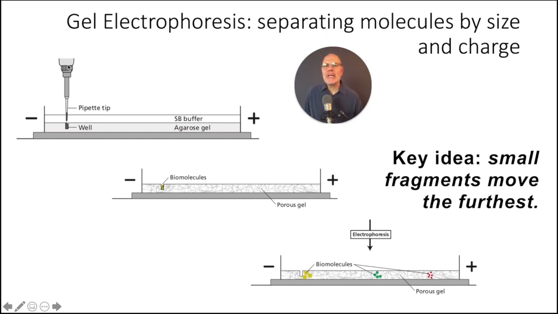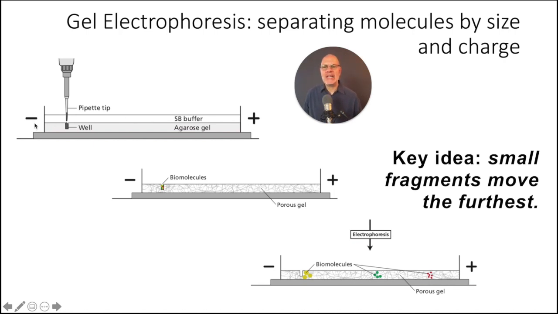So what we see here is the tip of a micropipette, and this is a gel. It's made of a substance called agarose, a seaweed extract. Inside the gel is a kind of buffer, and this whole thing is in the chamber that I showed you before that an electrical current can pass through.